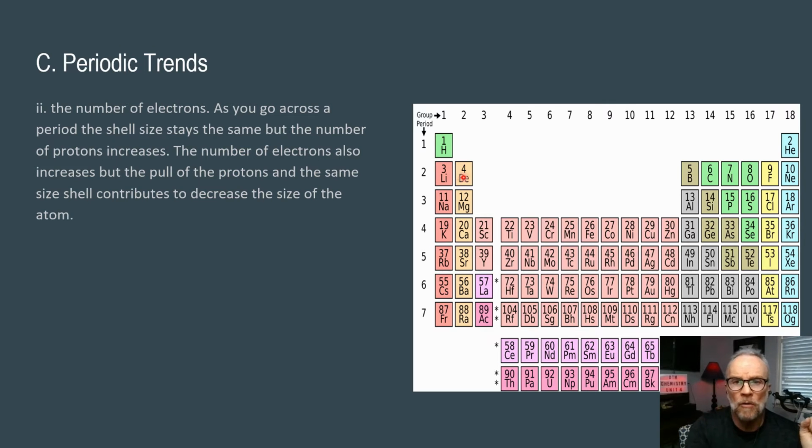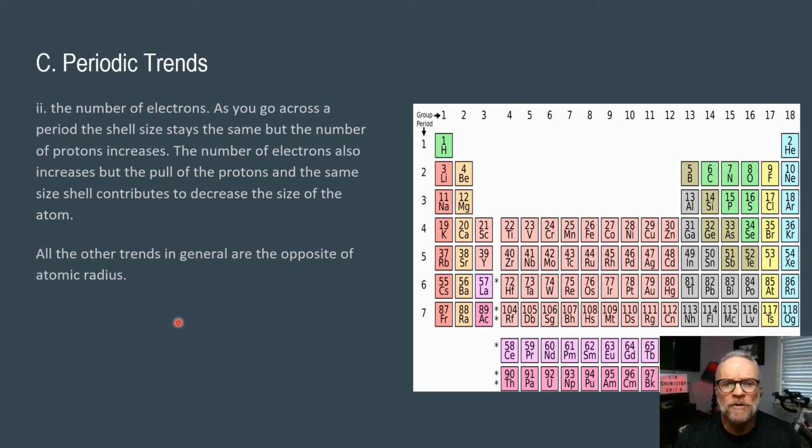So as you go across a period here, the size of the atom gets smaller and smaller. All the other trends are opposite of atomic radius. They're linked, but they're opposite, and we'll talk about that as we go along as well.